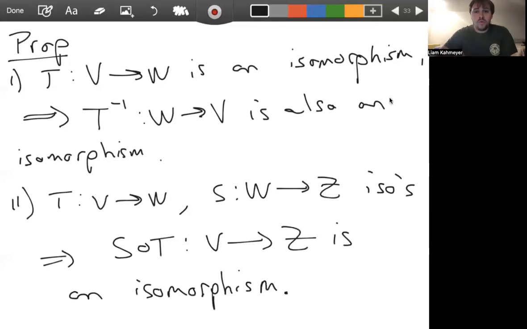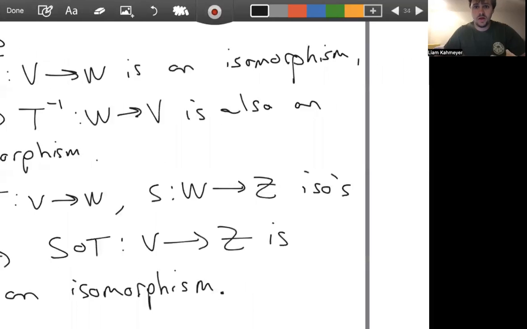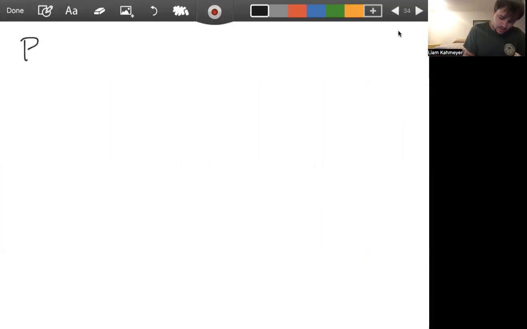Okay, so we need to prove that the inverse of an isomorphism is an isomorphism and that the composition of isomorphic maps is also an isomorphism. So let's do that. Proof. And let's start with the inverse.